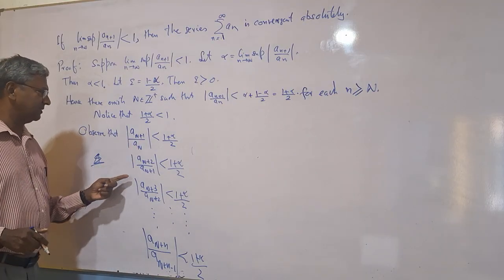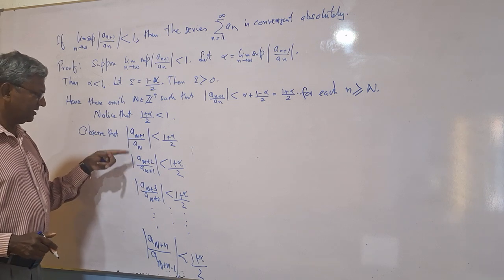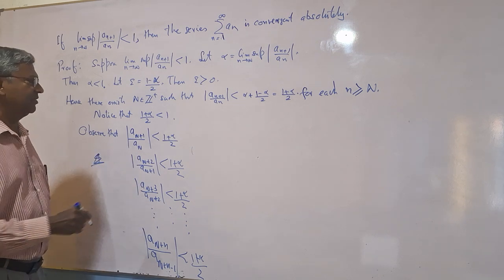So you multiply. Here N plus 1, here N plus 1, cancel out; N plus 2, N plus 2.